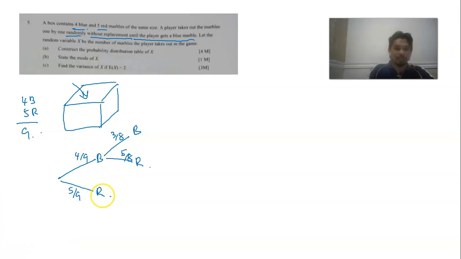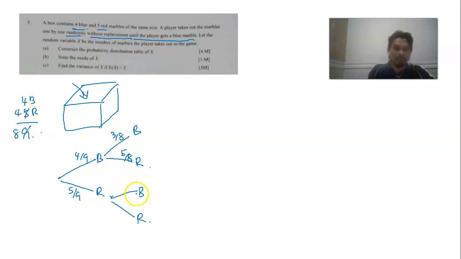Okay, let's say the first ball is red, where the number of red balls is 5 out of the total of 9 balls, so 5 over 9. There are only 2 possibilities in this case, which are blue balls or red balls. If I pick red first, then for the second time there are only 4 red balls left, and the total of balls inside the box is 4 plus 4 equal to 8.